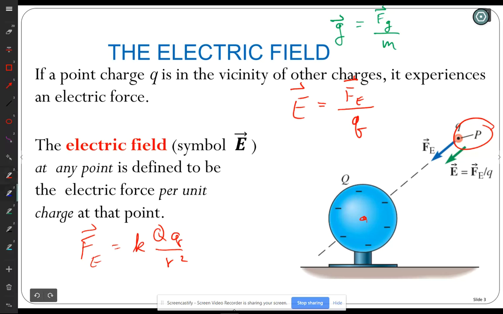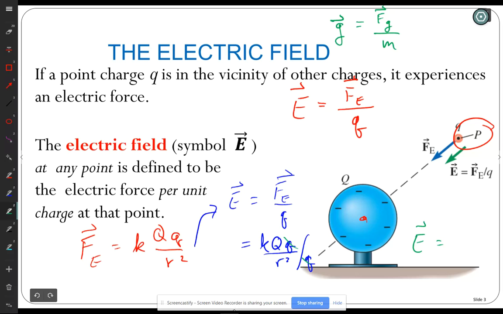So what we do from this is we say, okay, let's say the electric field is equal to the force over the test charge, lowercase q. And so that's going to be K, capital Q, lowercase q, over r squared, all divided by lowercase q. The lowercase q's here are going to cancel. And I have the electric field.